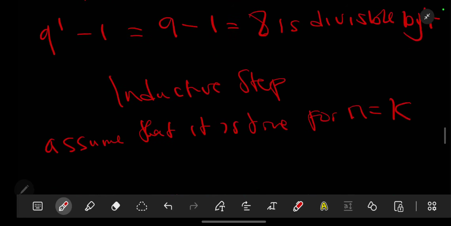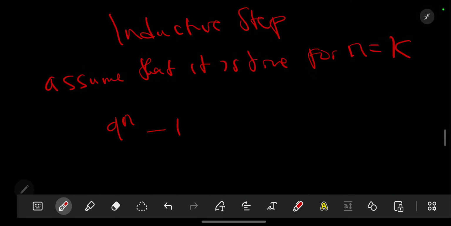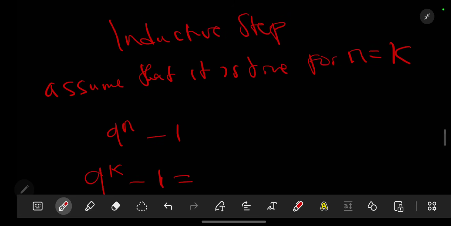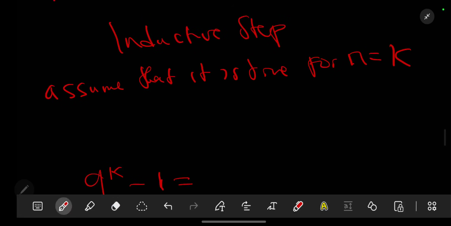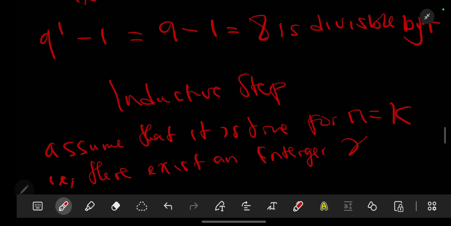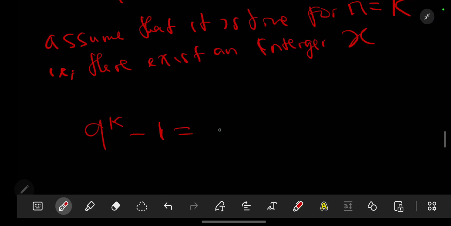That means the expression 9 to the power n minus 1, with n as k, so 9 to the power k minus 1, is divisible by 4. So there exists an integer x such that it is equal to 4x.